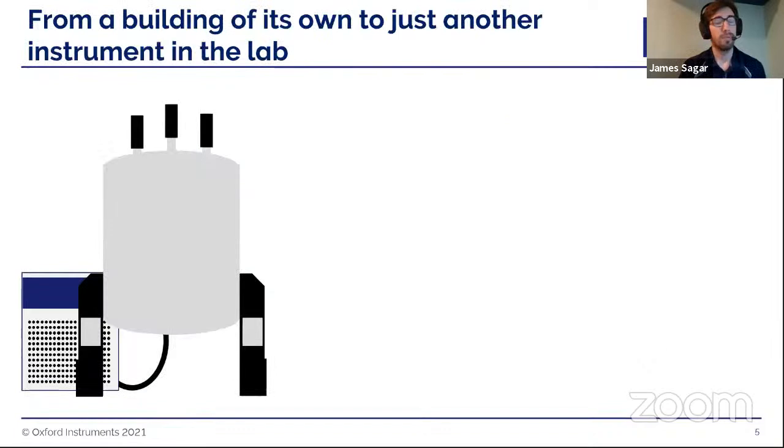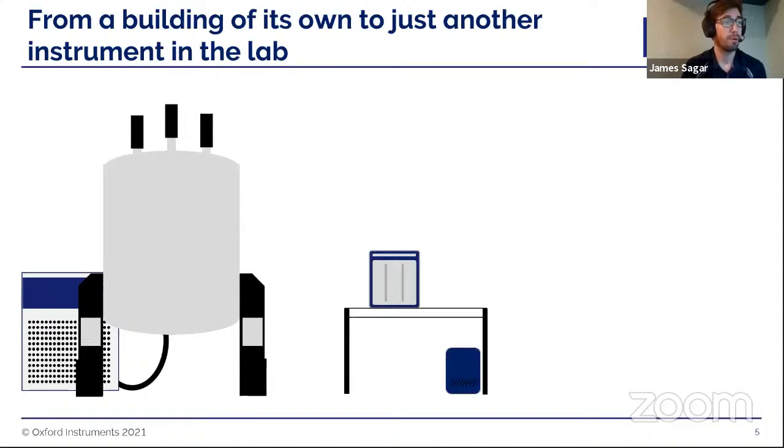The difference usually between NMR and benchtop NMR is that normal NMR instruments use a large superconductive magnet, usually in a building on its own, whereas a benchtop NMR system fits on the bench in your lab, or could be installed in a fume hood or even a glove box.